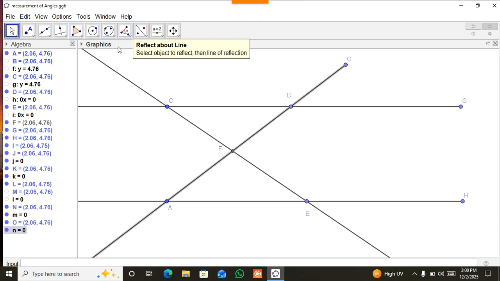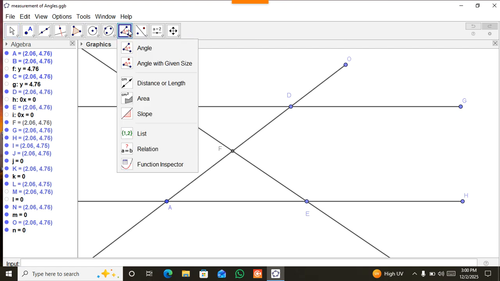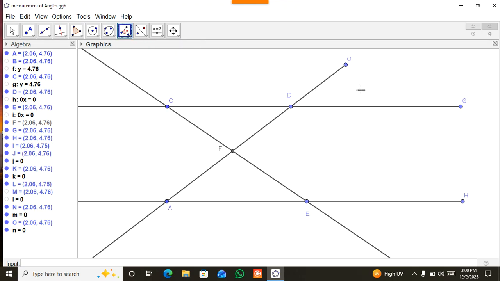So to measure any angle, on the construction tools icon, you click on the angle. Because I want to measure angles, I'll select angle. Now, to measure angles using Geogebra, we click on the points that form the angle in a clockwise direction.